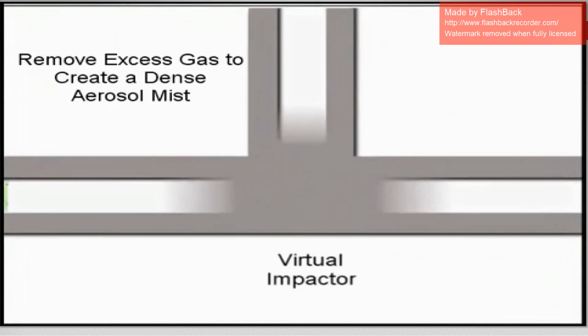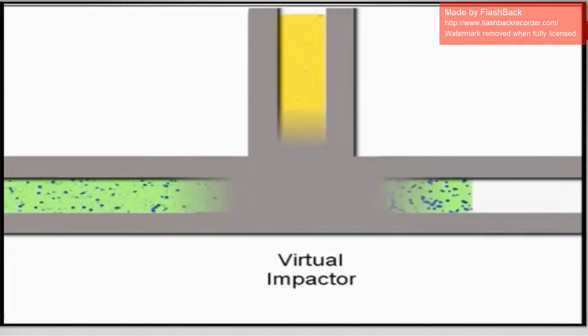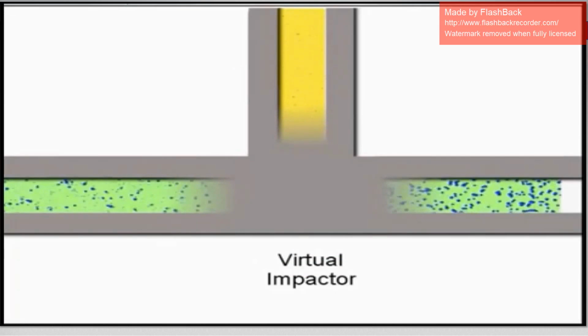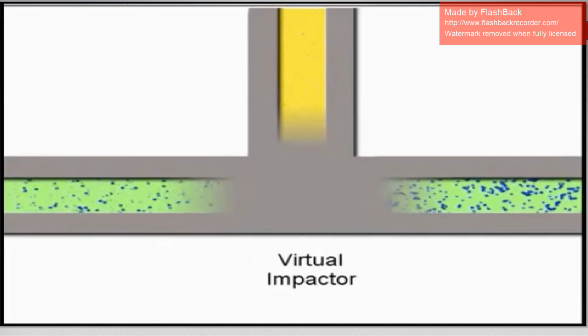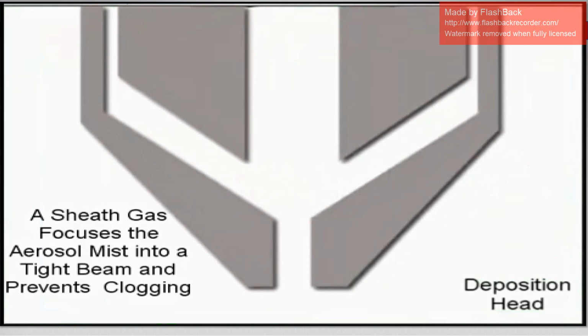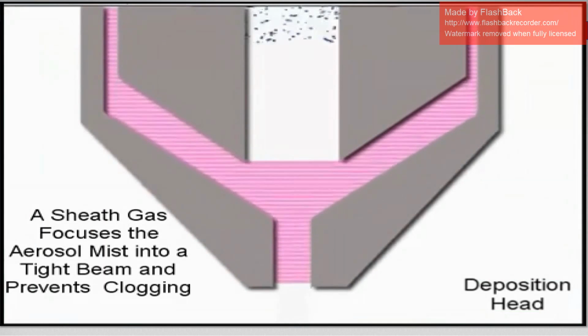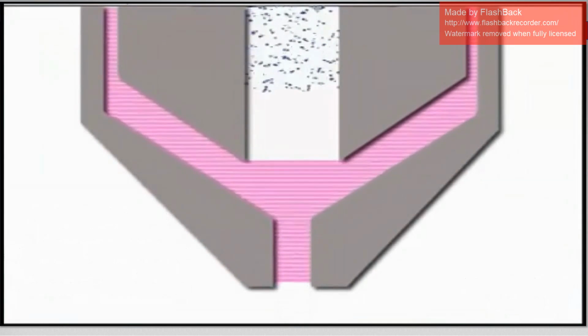Then the virtual impactor removes the excess gas to create a dense aerosol mist. This aerosol mist is then delivered to the deposition head, where it is focused by the sheath gas, which surrounds the aerosol as an annular ring and prevents any clogging.